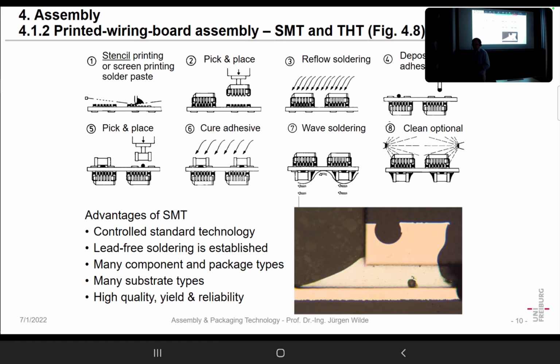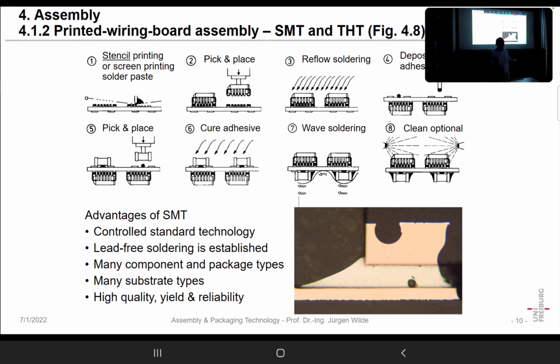Then we heat it again in a tunnel oven, and so the devices are fixed. And then the whole thing is flipped again.